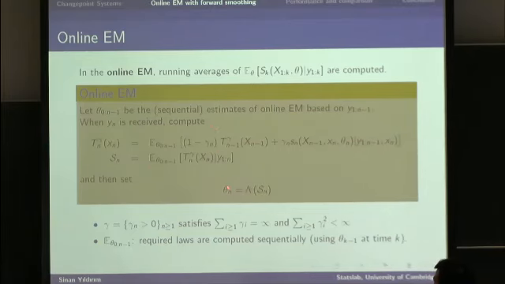And in the maximization step, the maximization step is now at every time step. And this, theta 0 to n-1, indicates that the required laws are computed sequentially, that is, using theta k-1 at time k.